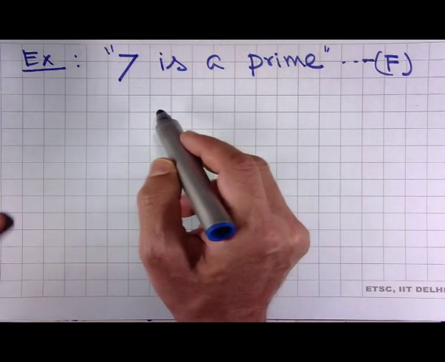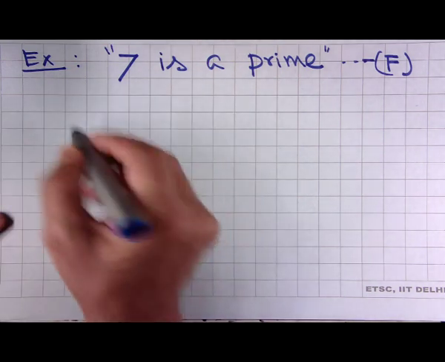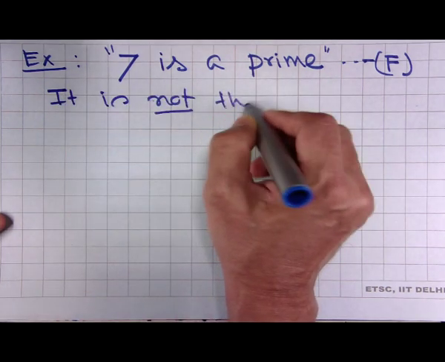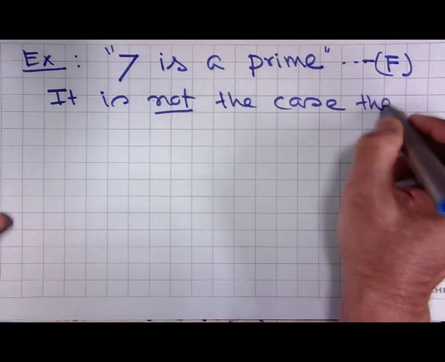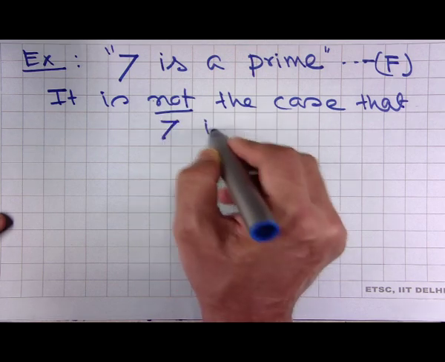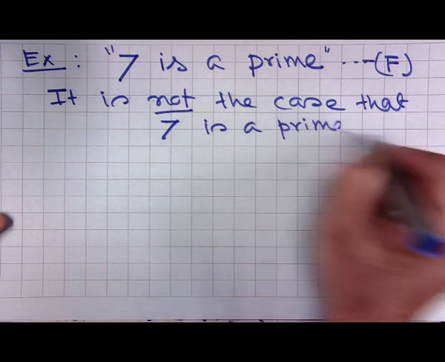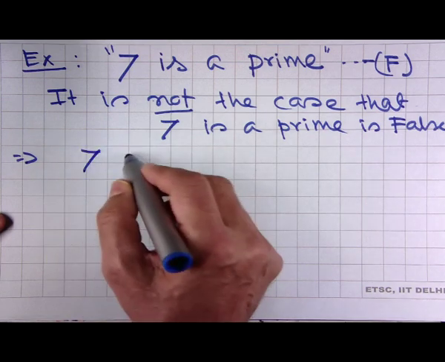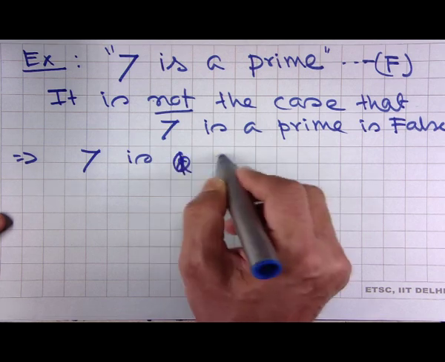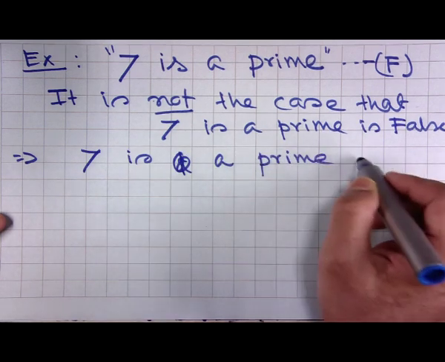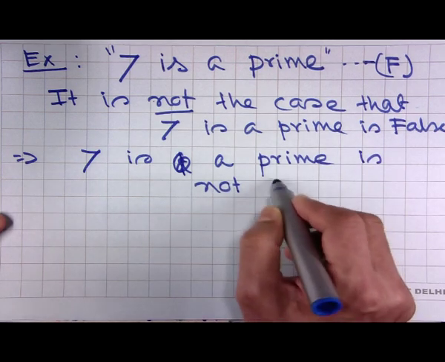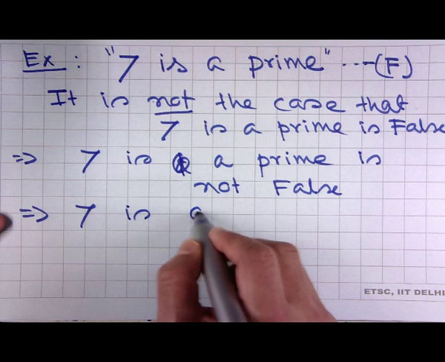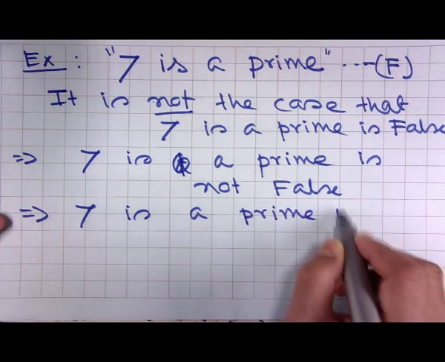Then by negating, we should get the following: it is not the case that seven is prime is false, which implies 7 is a prime is not false, which implies 7 is a prime is true.